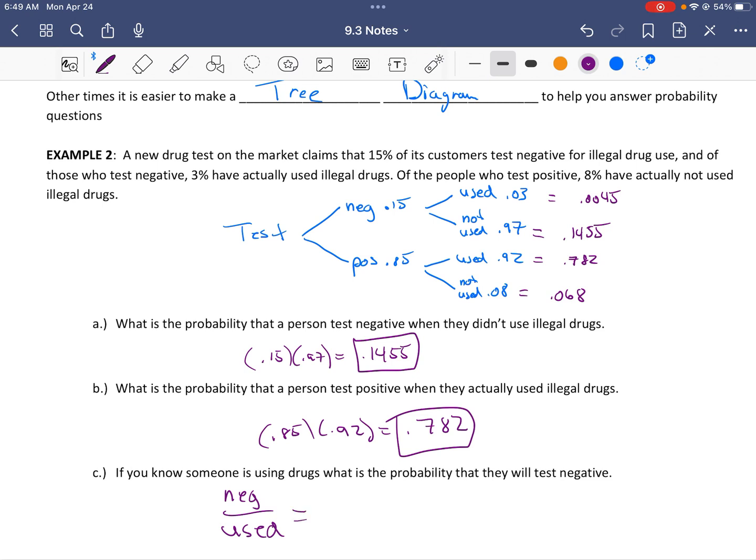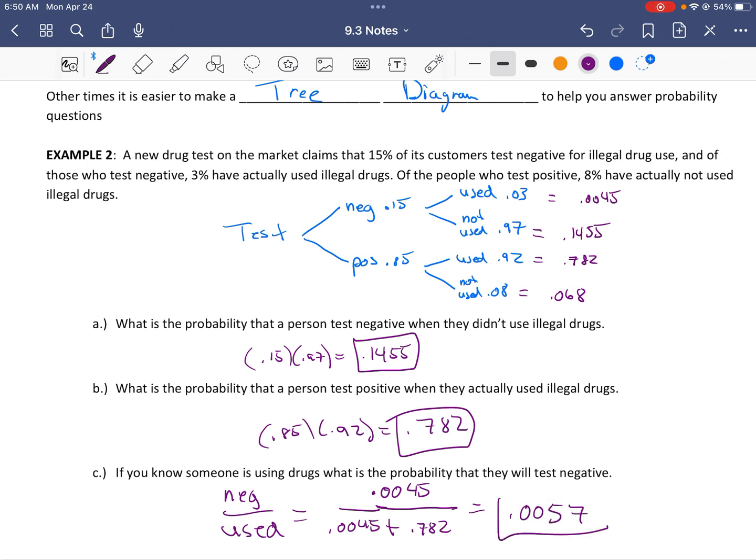The negative and used, so that's 0.0045, or positive and used, 0.782, so all of that's on my denominator. And then they test negative and actually used is 0.0045.